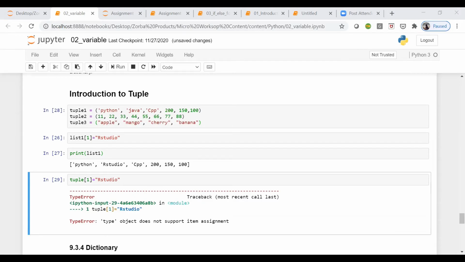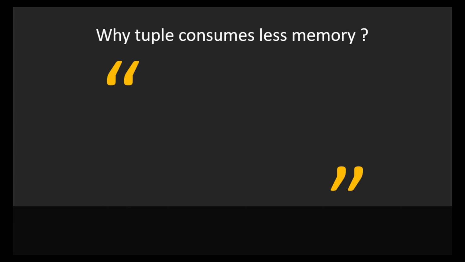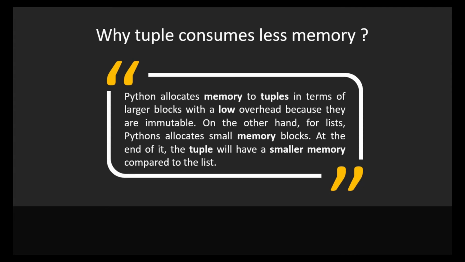And because of this non-modifiable nature, because the tuple does not give you that flexibility, it consumes very less memory as well, because there is no consideration that needs to be made within a tuple for any modification. So it will not have any additional blocks of memory that could be allocated when the need be, right?